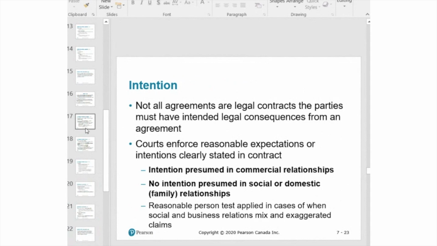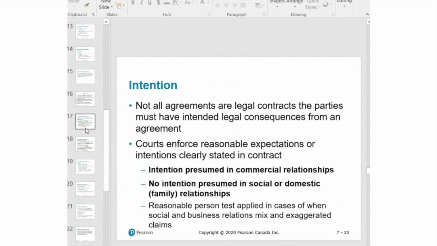But intention as a requirement is very easy in law. Why? Because in business situations, commercial relationships, there's a presumption of intention. So it's presumed that intention is there. So that is easy. So if you go to Tim Hortons and you buy coffee, there's presumed intention.